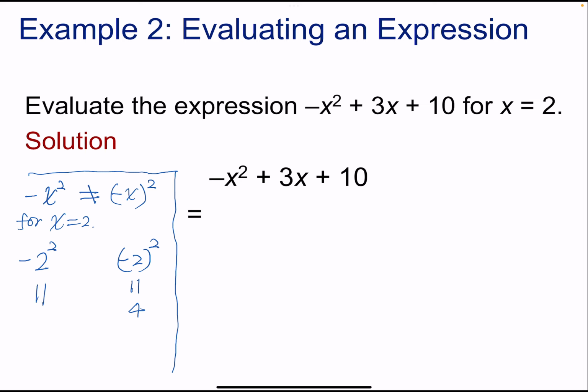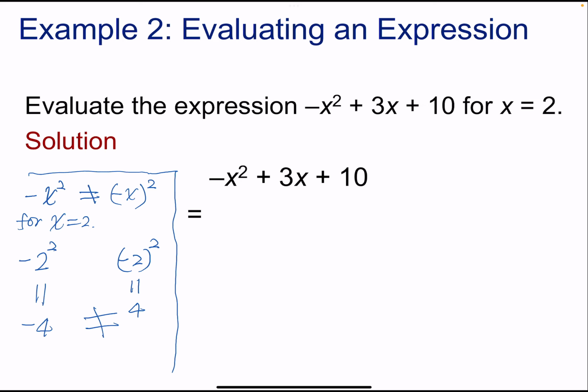Here, you need to calculate the power first: 2 raised to the second power is 4. Then you take negative 4. They are not equal, so be careful of this, okay? Because we are doing algebraic expressions, we need to be familiar with the language of mathematics. That's just the language of mathematics.